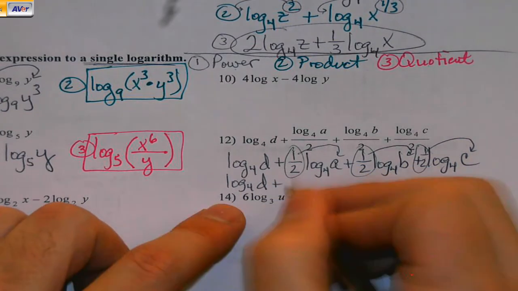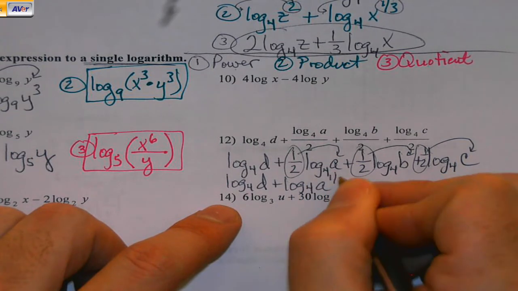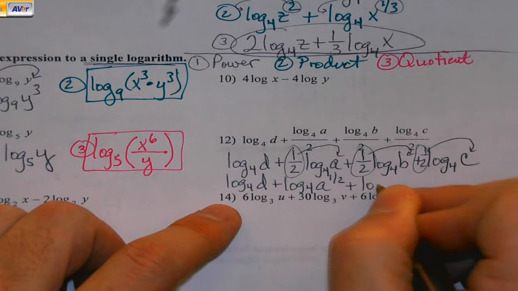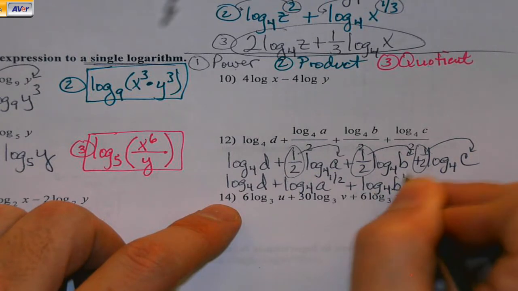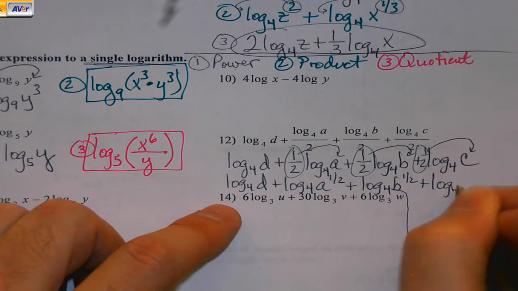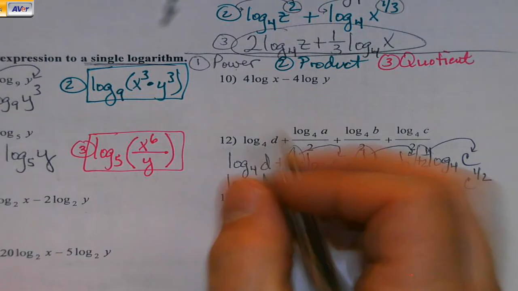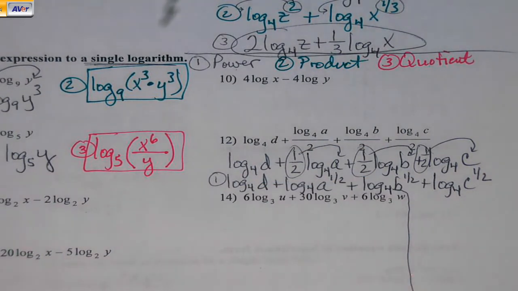But my next 3 all are now going to have an exponent on them. Okay, so A, B, and C all are going to take that 1/2 coefficient and turn them into 1/2 powers. Okay, so that's going to take care of my step 1 with these. Okay, coefficients to exponents.